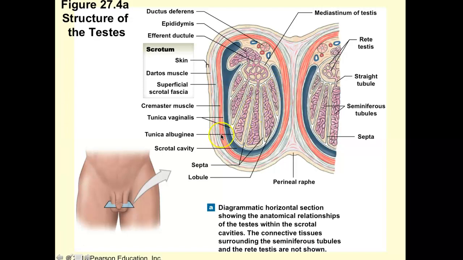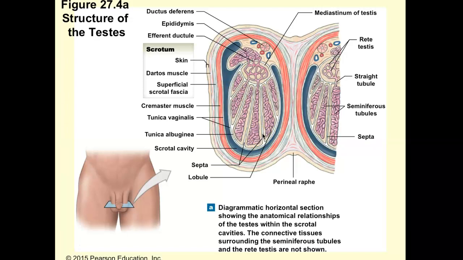And this Tunica Albuginea is going to form walls. It's going to form those little segments inside of the testicle. Those walls are called septa, just like the nasal septum is a wall between the two nasal cavities. These are the septa that are created inside the testicle.